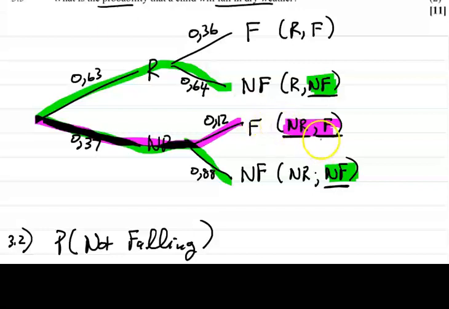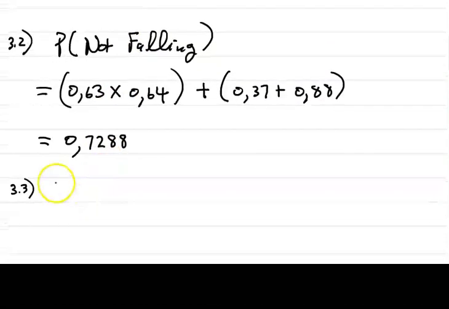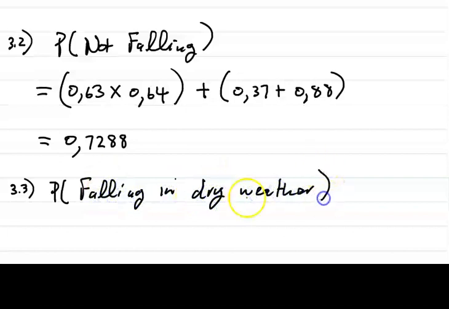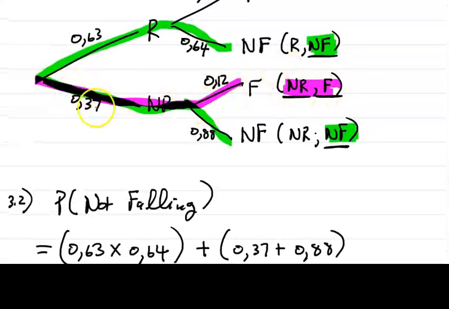So therefore, the probability of falling in dry weather is going to equal, we're going to follow this tree down to its root, and that's 0.37 times 0.12.